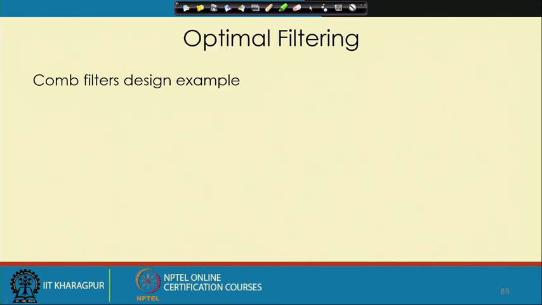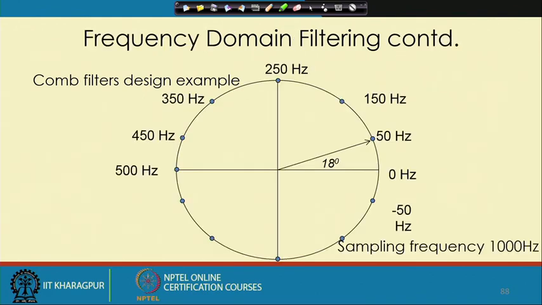So, that is how we show frequency domain filtering and the notch filter, and we complete this session. Thank you.